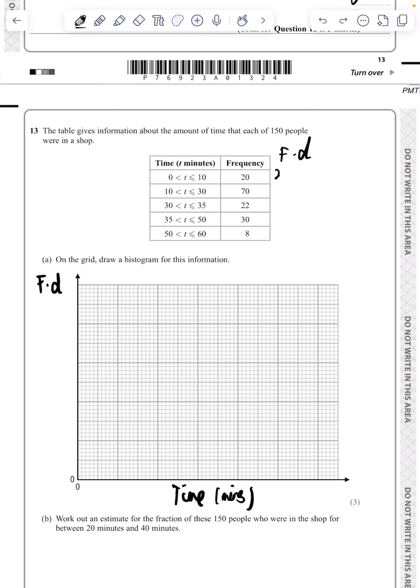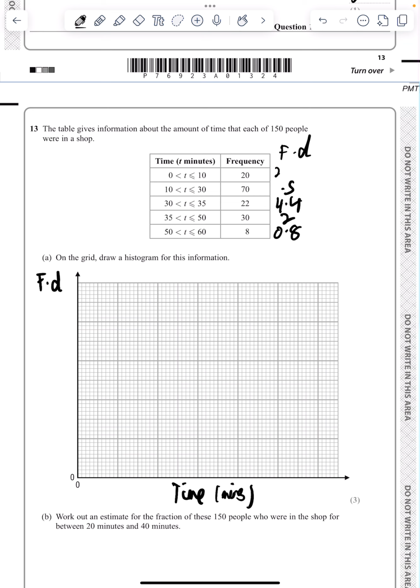That's 2, that'll be 3.5, 22.5, 4, 2.8. Then might as well go up in 1, 2, 3, 4.